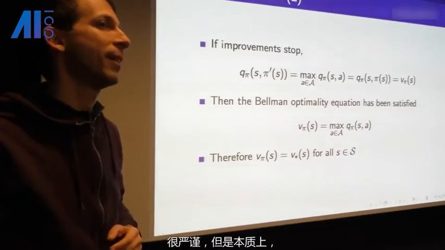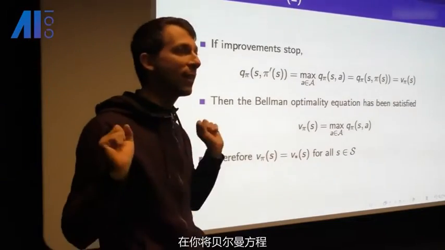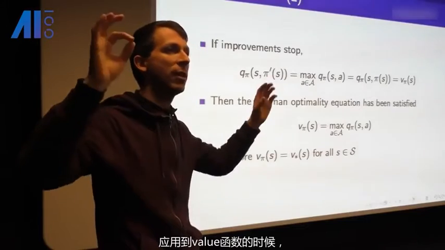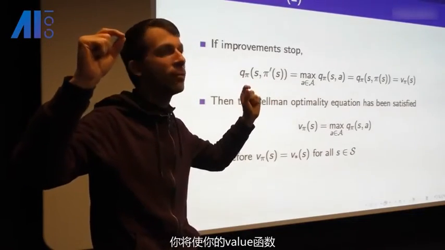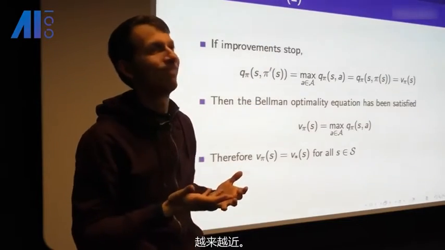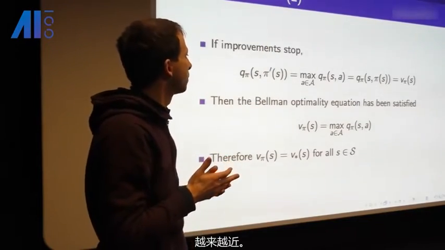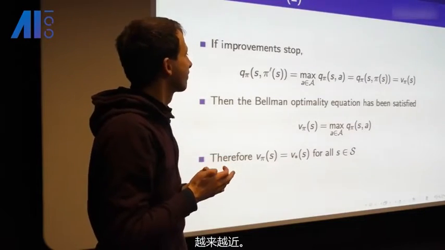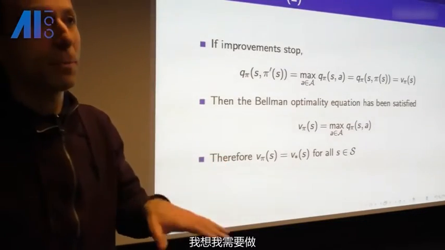It's a little bit formal, but essentially, in one word, when you apply the Bellman equation to your value function, you bring your value function closer and closer together in value space. Yeah, I think I'll need to do it properly or not at all.